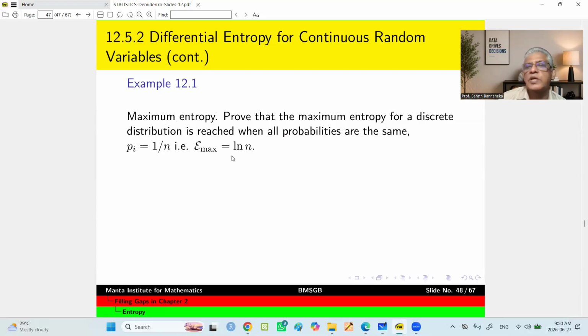We will first show that in a discrete case, maximum entropy occurs if the pi's are equal, p1, p2, p3 up to pn are equal. That is, in that case, each probability has to be 1 over n. And substituting that value into the formula, we will see that the maximum entropy in that case is log n.